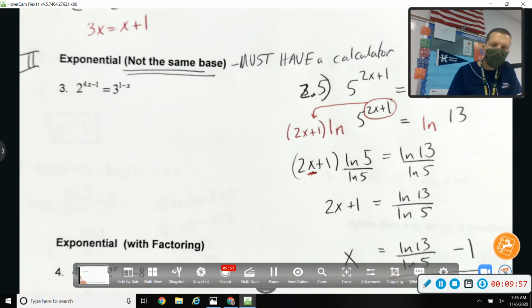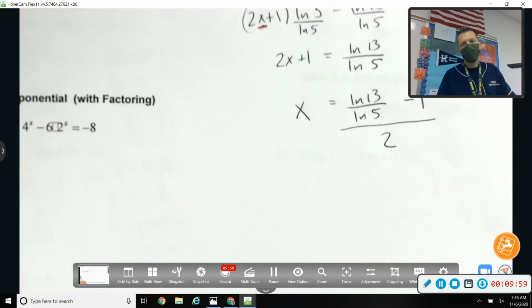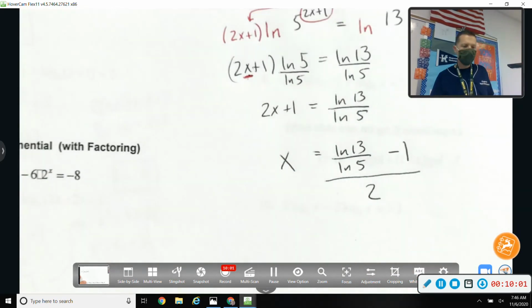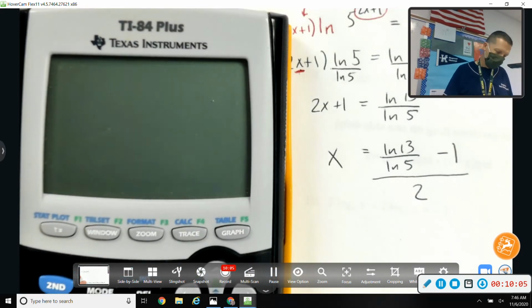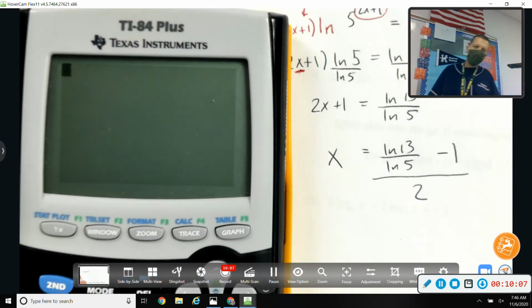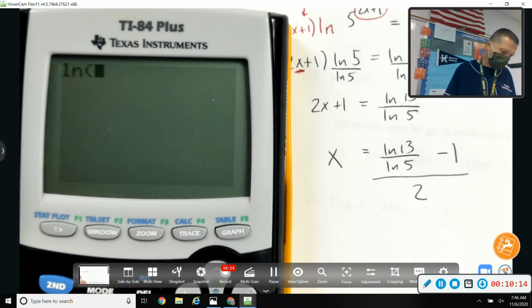So that's quite a mouthful for an answer right there, but the calculator can handle it. Whether you put it all in at once or not is up to you. I don't know that I would put it all in at once. I might put it in piece by piece here.